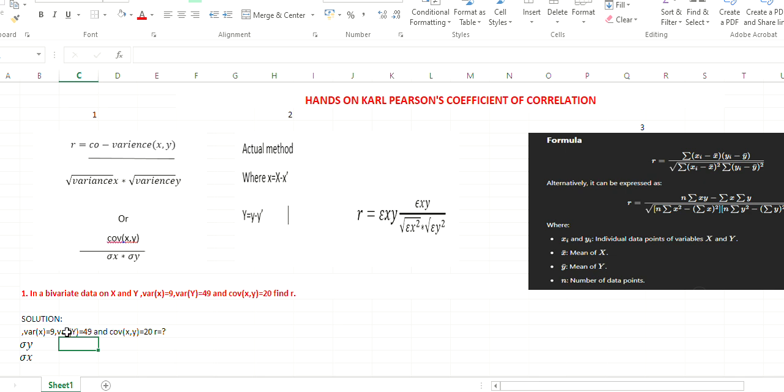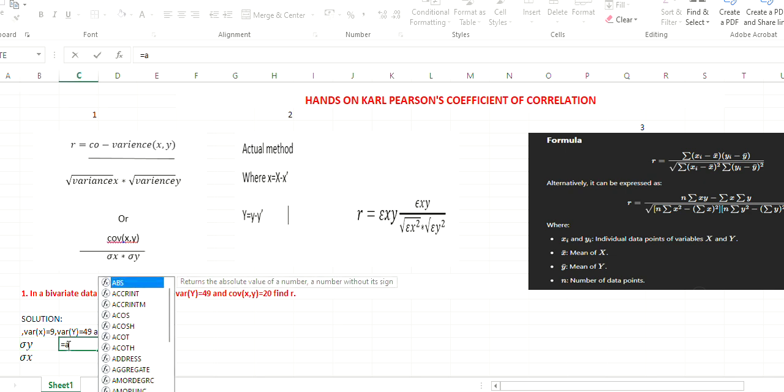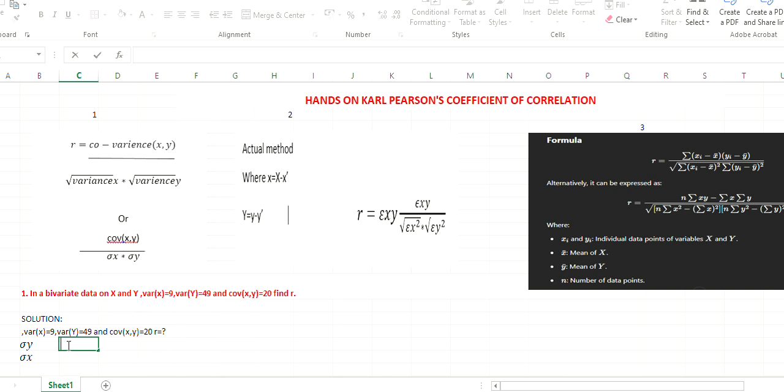Before calculating, we have to find the standard deviation. First I have to calculate the standard deviation of x and of y. The standard deviation is equal to the square root of the variance, so I'll write sqrt. What is the square root of the variance of x here?